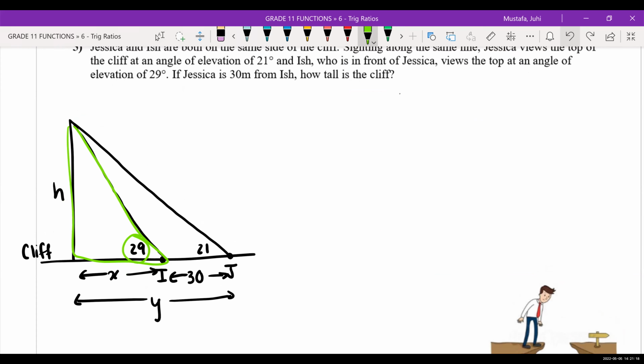So tan 29 is equal to opposite, which is H, over adjacent, which is X. I like to rearrange mine for X and Y, so X is equal to H over tan 29.